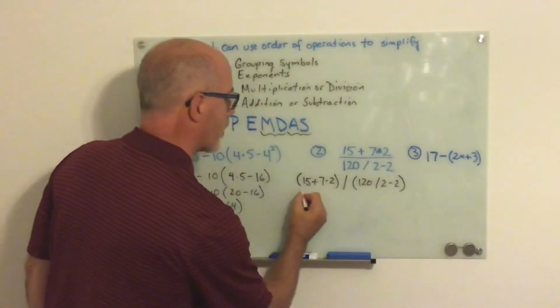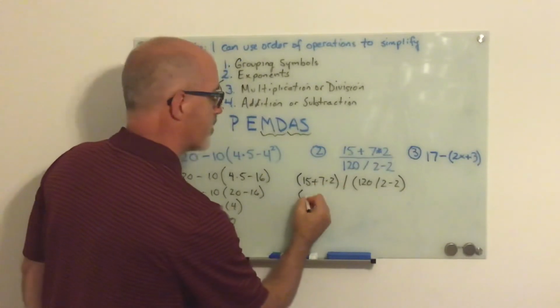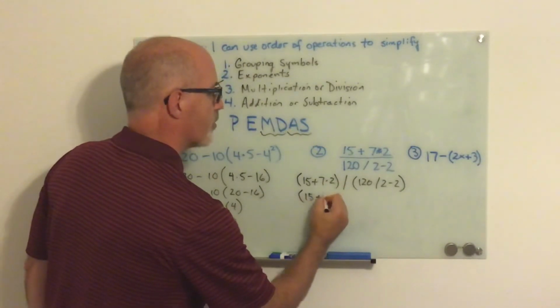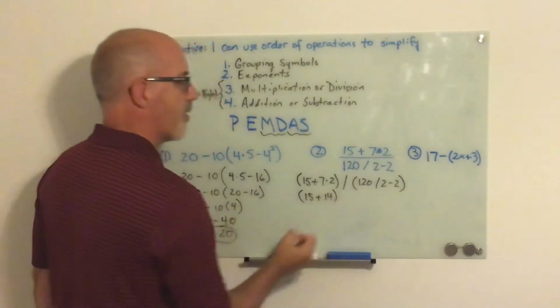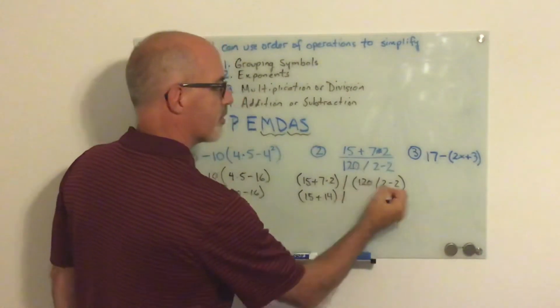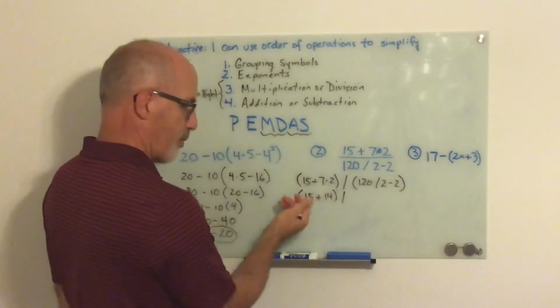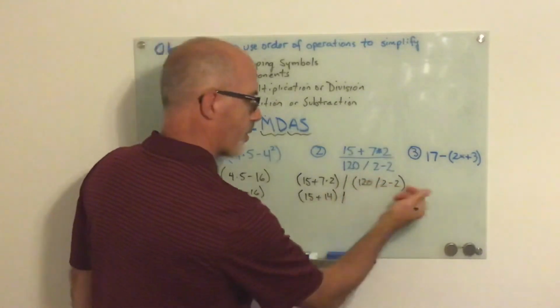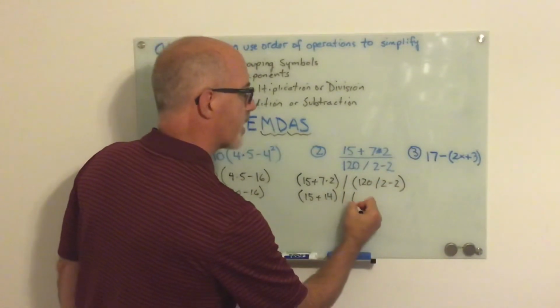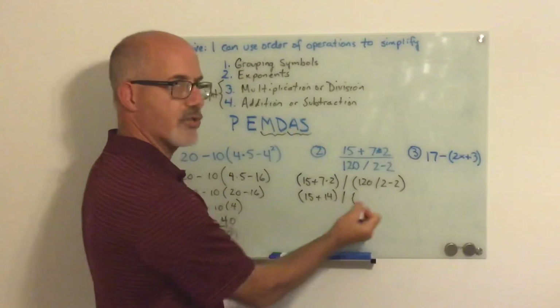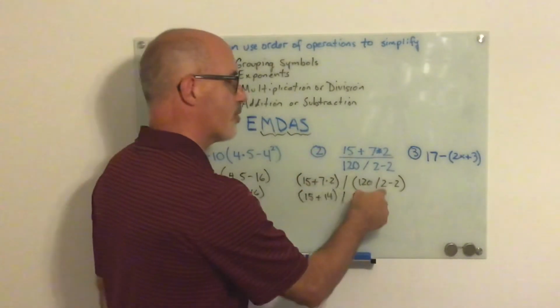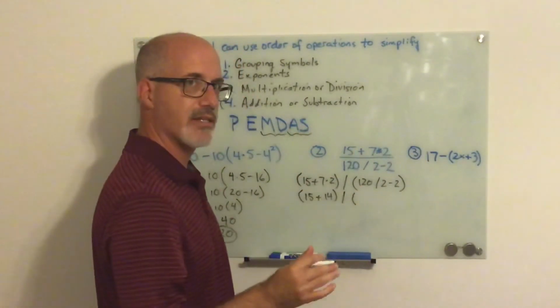Now up here, we're going to do the multiplication first. So I'm going to get 14 here. I'm going to go ahead and do the grouping symbol down here as well. Now what comes first, division or subtraction? Don't do 2 minus 2. You're tempted to get a 0 there.